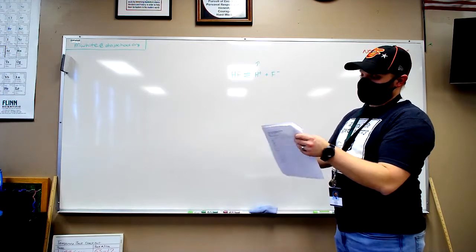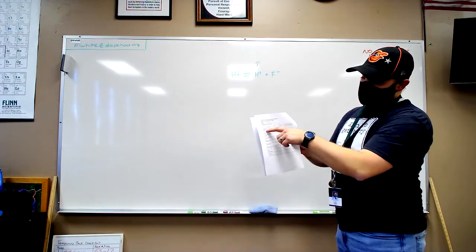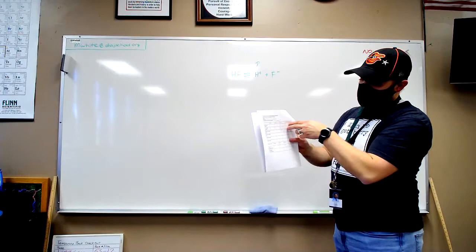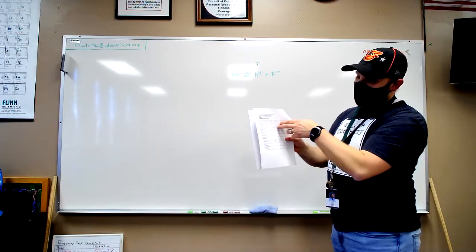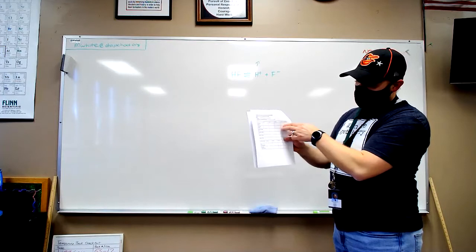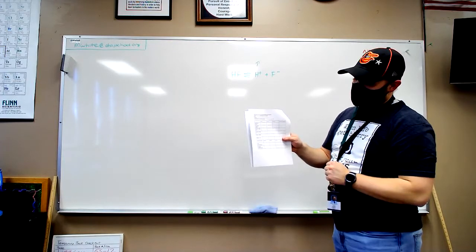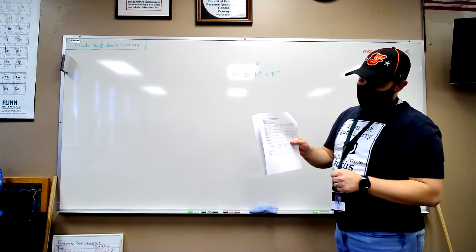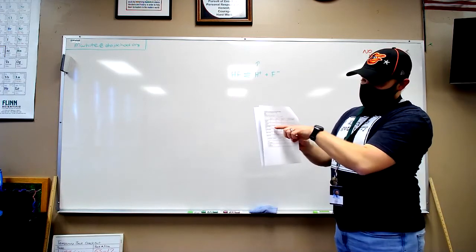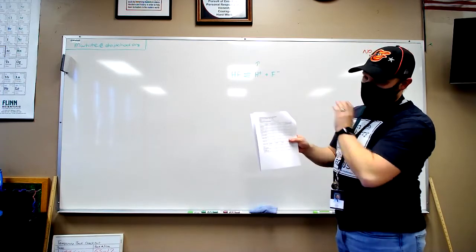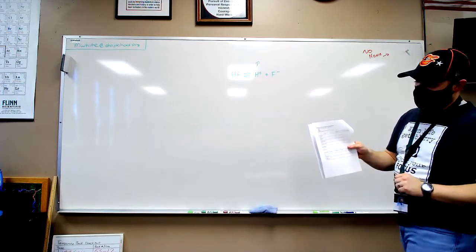This is going to be our data sheet. Everything right here, these two top, that's the data that we're going to collect during the lab. Everything below that is calculations. But it walks through all of these calculations that we did on the board.